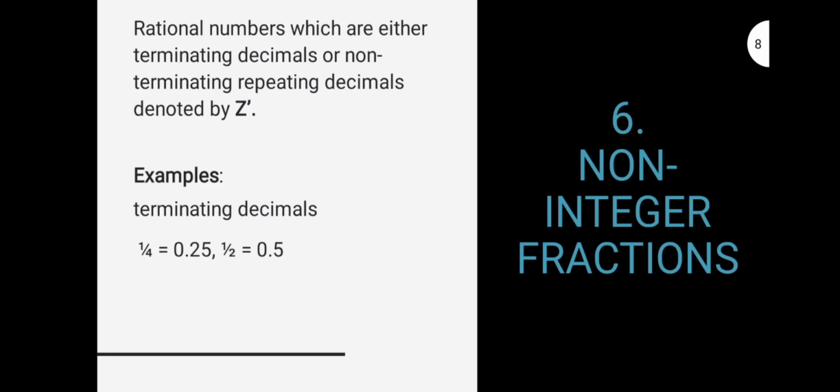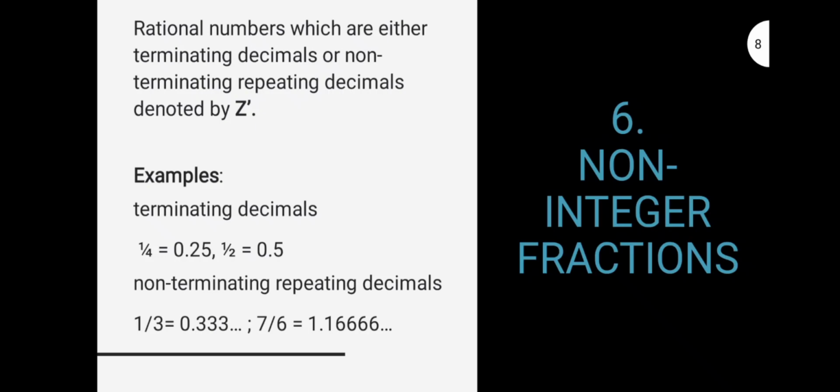Terminating decimals, meaning it terminates or it ends. While in the non-terminating or repeating decimals, we have 1/3, which is equal to 0.3333, and so on, and 7/6, which is equal to 1.166666. So non-terminating or repeating decimals never end.